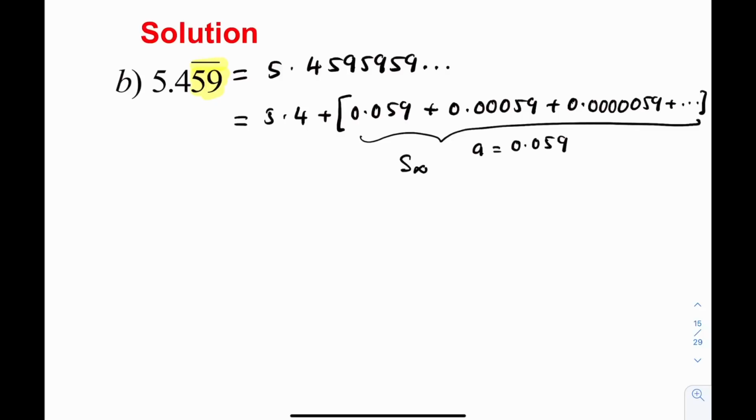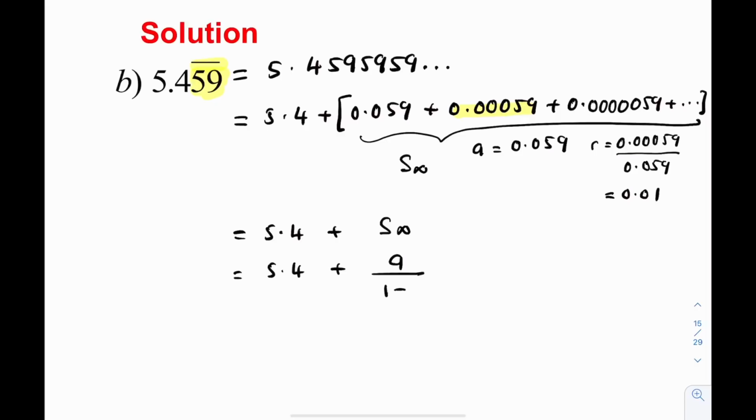And then your r equals 0.00059 divided by 0.059, which, if you calculate, gives a common ratio of 0.01. Now, rewriting, we have 5.4 plus S infinity, which also equals 5.4 plus, recalling the formula of S infinity, a over 1 minus r, and then substituting all the values, 0.059 over 1 minus 0.01.